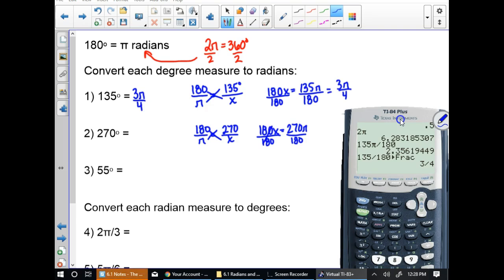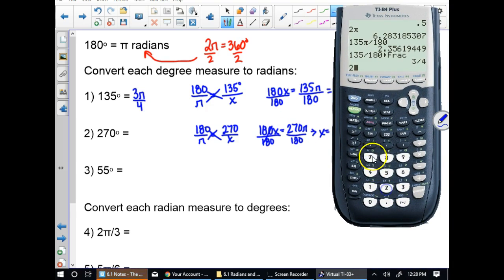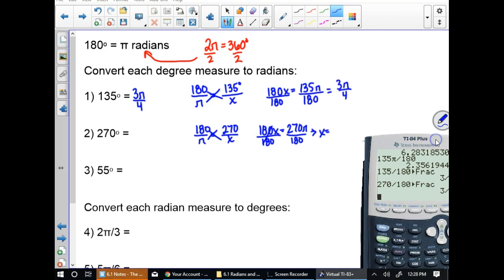So in this case, X would equal 270 over 180. It's going to be 3/2, but if you're not sure, 270 divided by 180, math, enter. And we get 3/2, so we get 3 pi over 2. Is that right on your unit circle? It is.